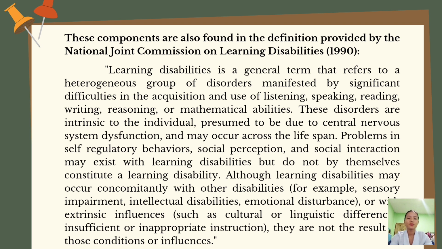Although learning disabilities may occur concomitantly with other disabilities, for example, sensory impairment, intellectual disabilities, emotional disturbance, or with extrinsic influences such as cultural or linguistic differences, insufficient or inappropriate instruction, they are not the result of those conditions or influences. I will not further explain this one because it's related to the components according to Gargilu.